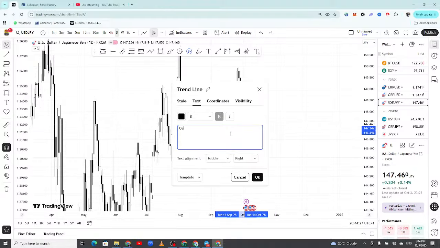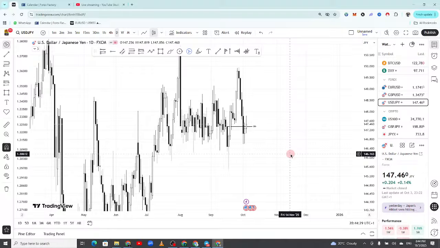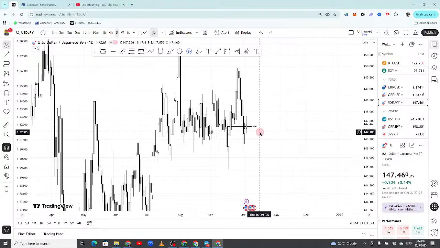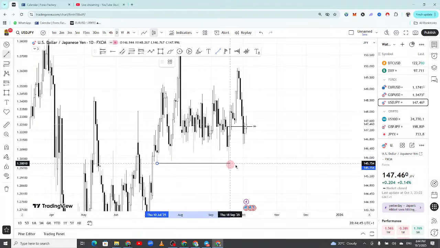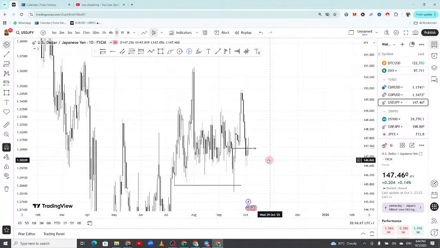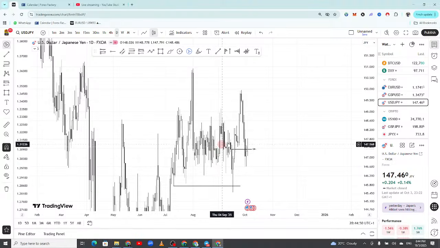Remember, we're expecting on DXY some sales before a buy, right? So I expected this buy after taking out the stops, maybe to continue higher. So we had an accumulation, manipulation, then a distribution is starting. So this looks very much bullish.